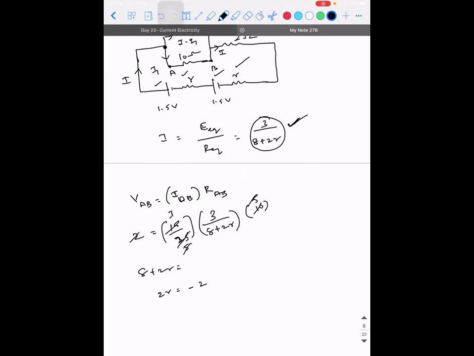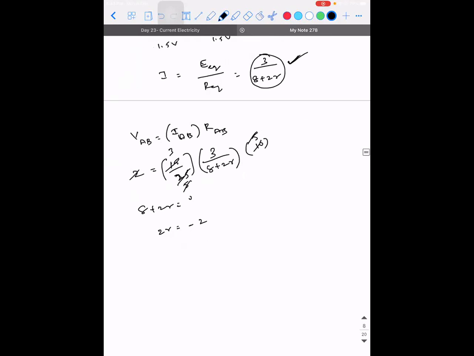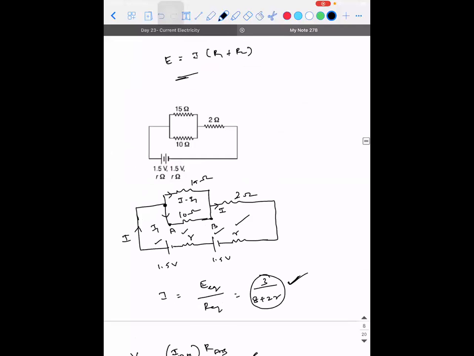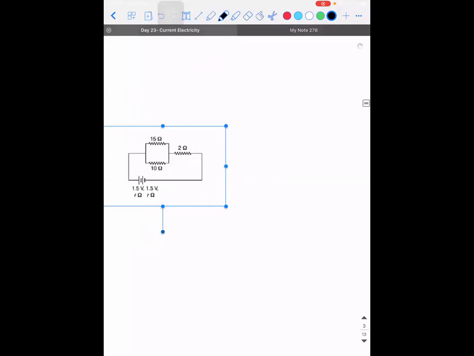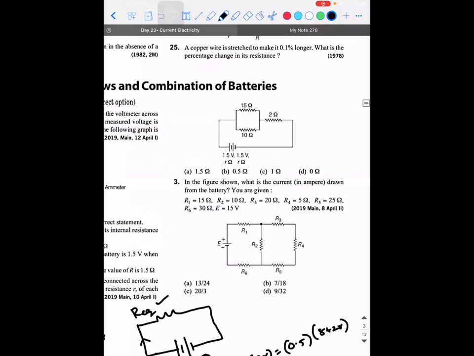Sorry, I cancelled that 2. So R is equal to 1, which is the correct option, 0.5.